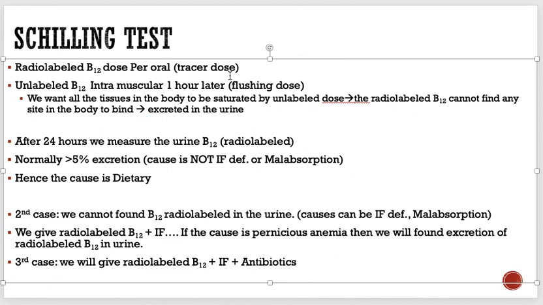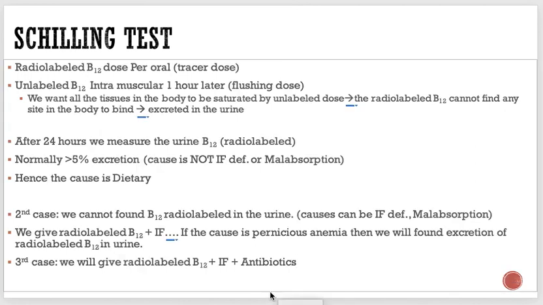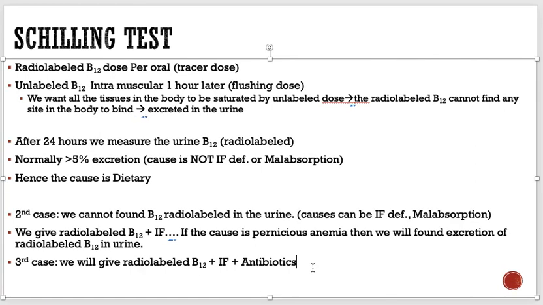Why? Because we want to kill the bacteria. This could be one of the causes by which the absorption is not there. So what will be the result? If the cause is bacterial overgrowth, then we will get it in the urine.